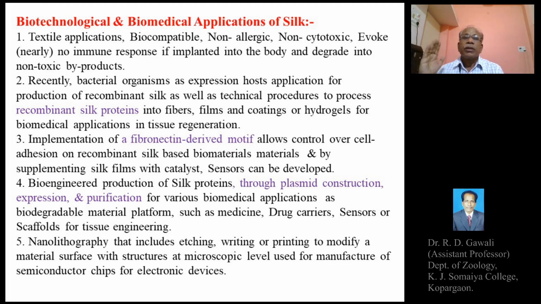as recombinant silk fibers or films and coatings or hydrogels for biomedical applications, and these biomedical applications are useful in tissue regeneration. So this is the biotechnological and biomedical application.